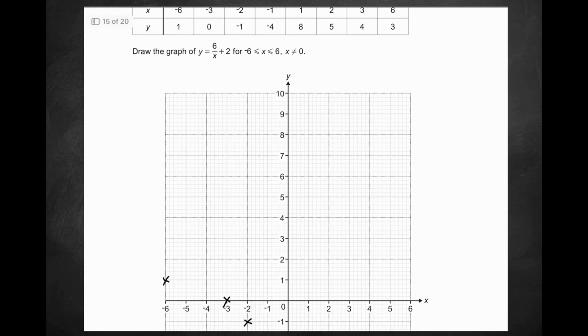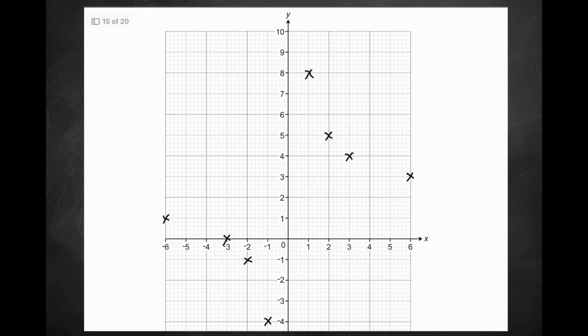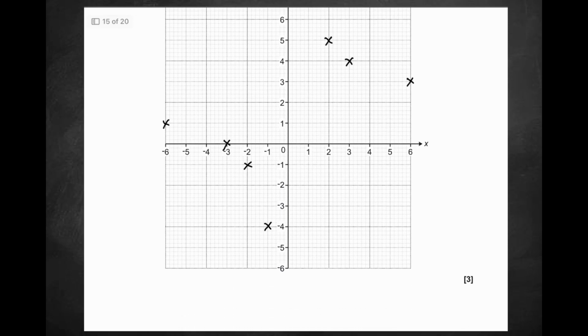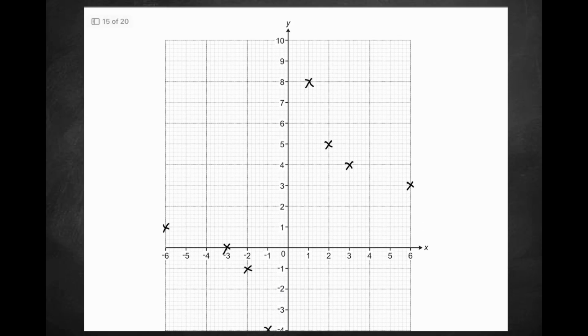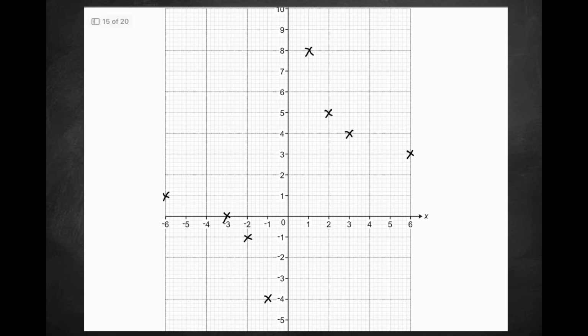And then 1, 8, 2, 5, 3, 4, and 6, 3. The important thing here is the curves don't touch each other. We make sure we do not touch the y-axis as well, because it's going off to infinity. And because we've got a plus 2, we need to make sure we don't touch 2 on the x-axis either.